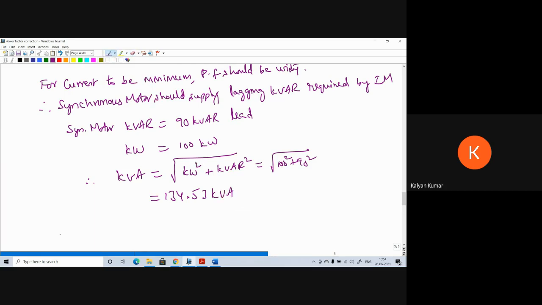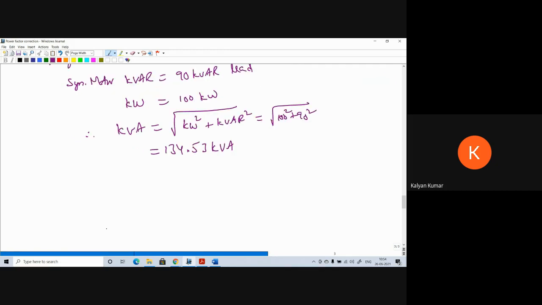Now we need to find out the power factor. We know the value of P and S. What is the power factor formula?